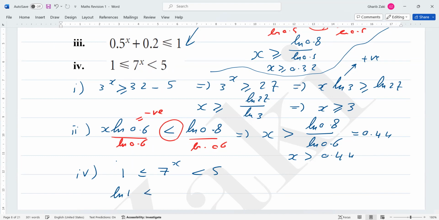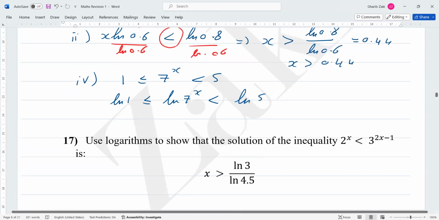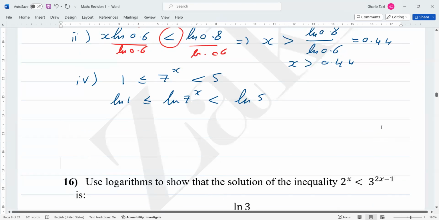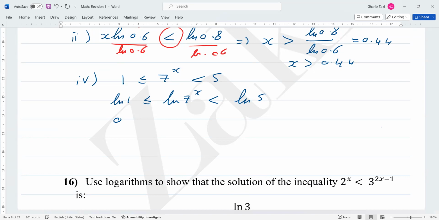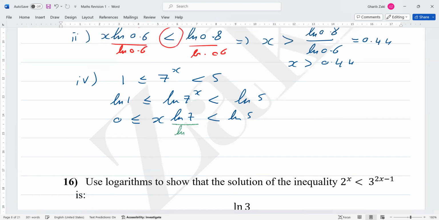Then ln 1, ln 7 to the power x, ln 5. Ln 1 equals 0. x ln 7 is less than ln 5. We need the values of x. Then we divide by what? By ln 7.